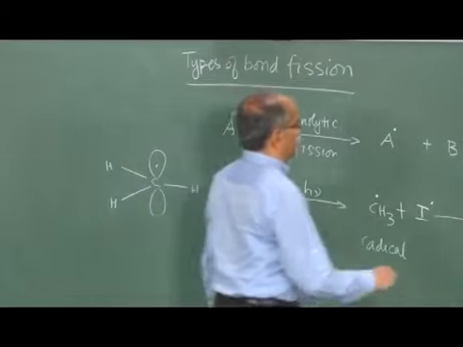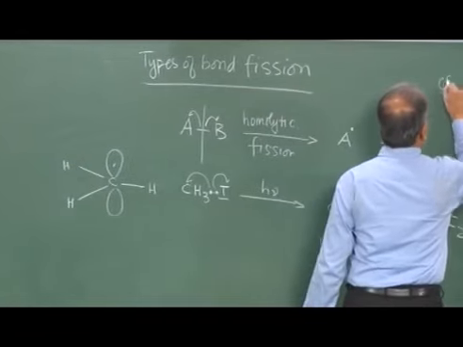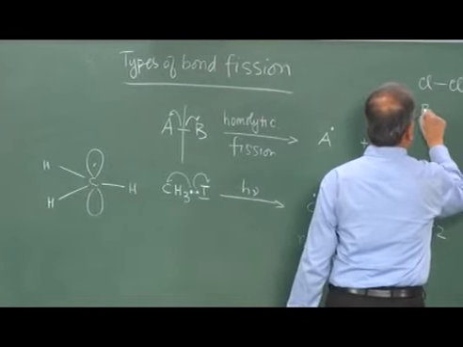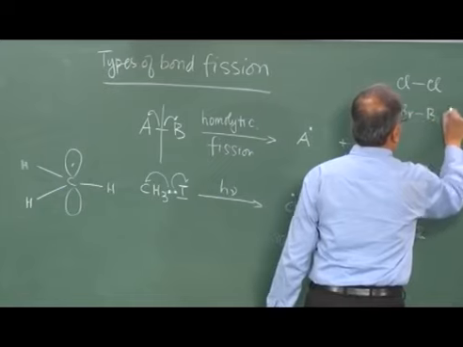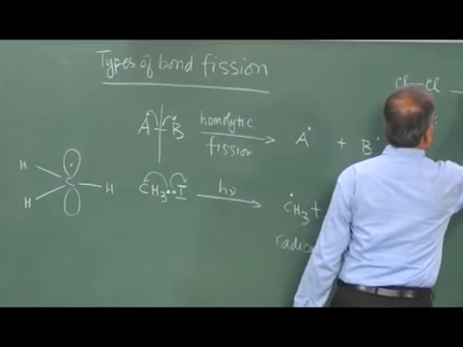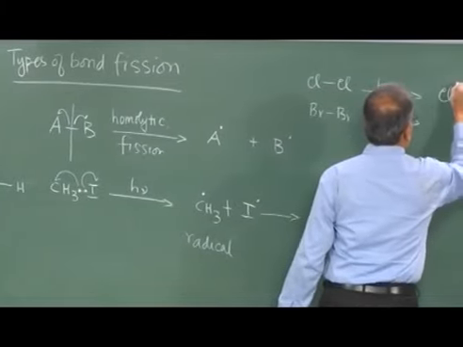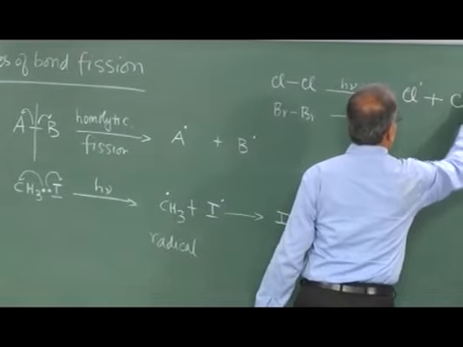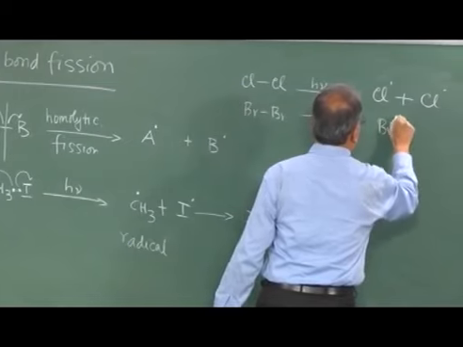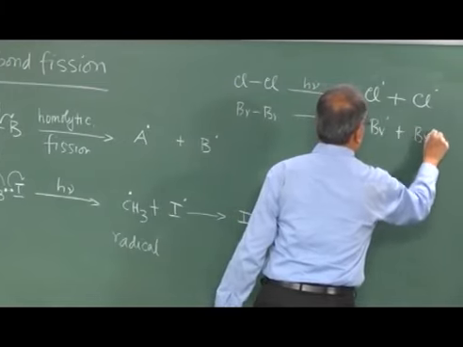One can also think of homonuclear diatomic molecules like chlorine and bromine, which upon photolysis or upon strong heating can undergo homolytic bond cleavage to give 2 chlorine radicals or 2 bromine radicals.